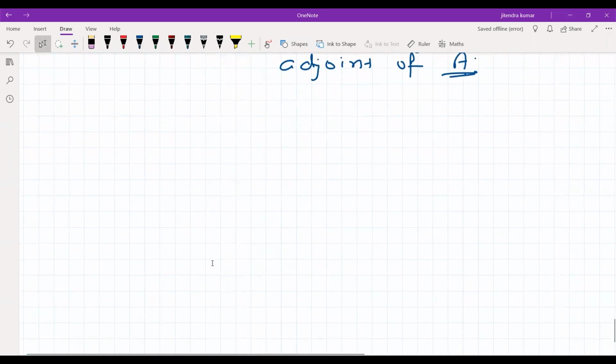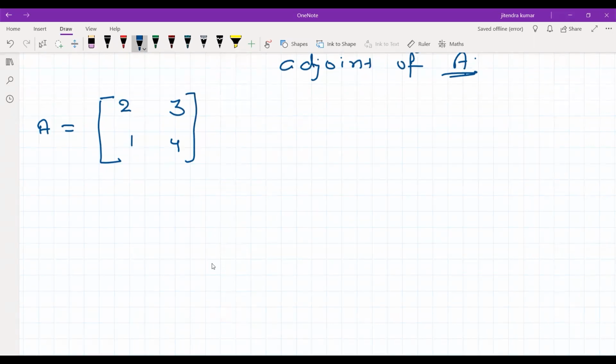So let's do one example here. Let's solve it for a 2 by 2 matrix. Suppose we have a matrix A that is equal to 2, 3, 1, 4.